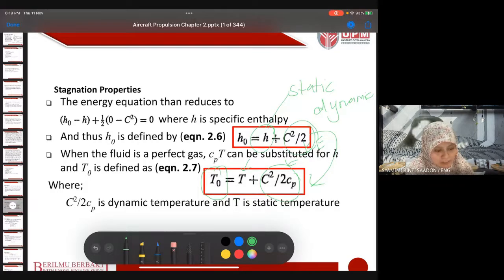Sometimes we call it the dynamic temperature. These stagnation properties or total values are what is usually measured in the cycle, where we measure both the static and dynamic parameters.